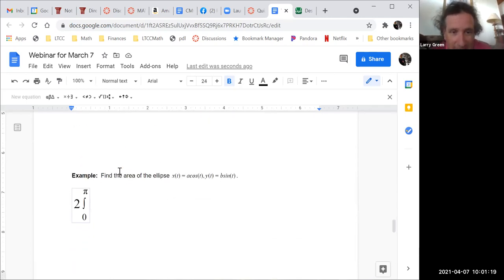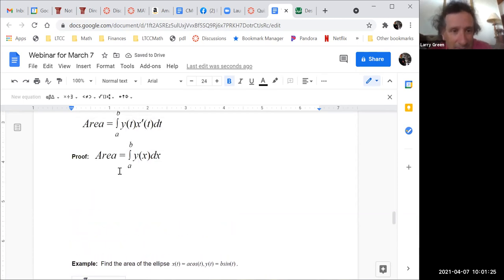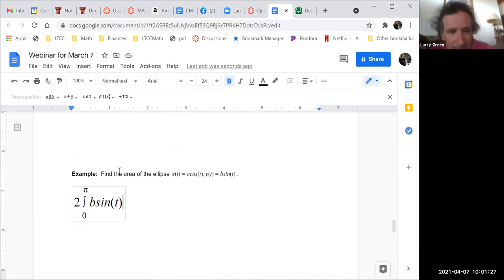Y of t is b sine of t. And then it says times x prime of t. The derivative of a cosine t is negative a sine t. So I'm going to pull the negative outside. dt.